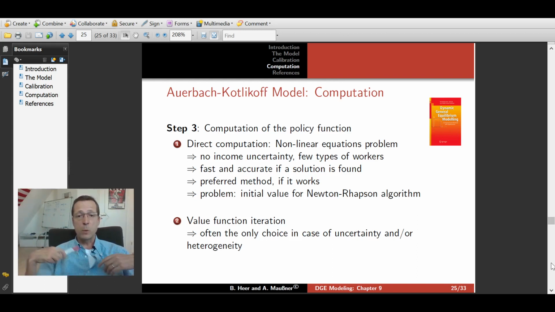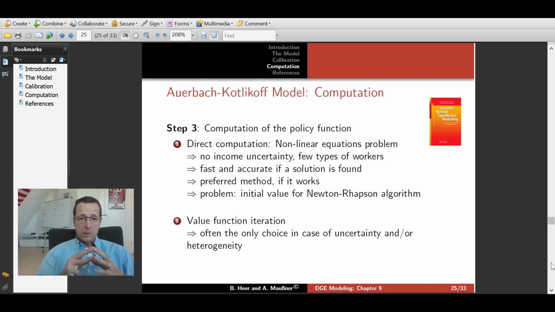It's even worse when we allow for uncertainty, and then the number of nonlinear equations will not amount to a couple of hundreds, but to many billions of equations, and we are unable to solve it due to the curse of dimensionality.